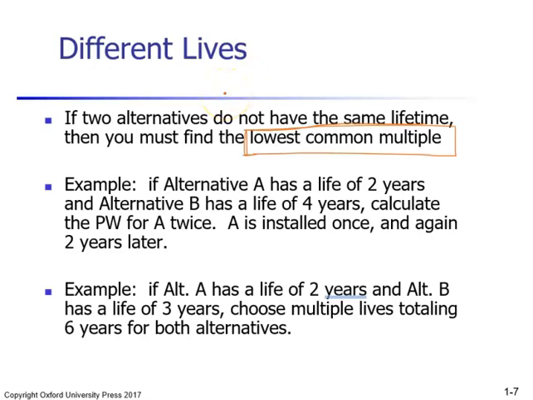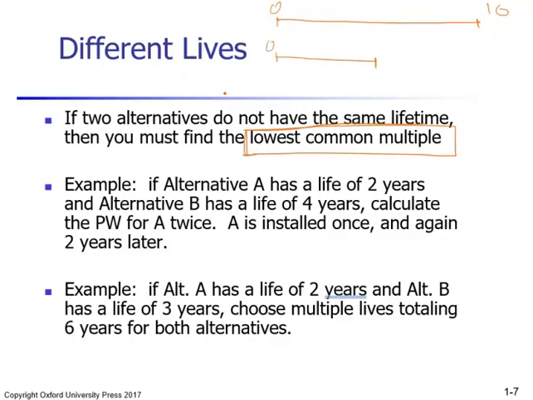Lowest common multiple. So we have a plan that is 10 years and it has its investment and everything at year 0 and all those things through year 10, and we have another one that is 5 years.